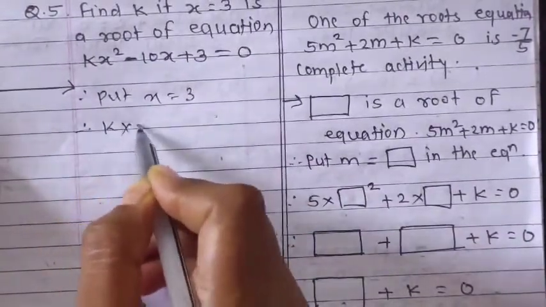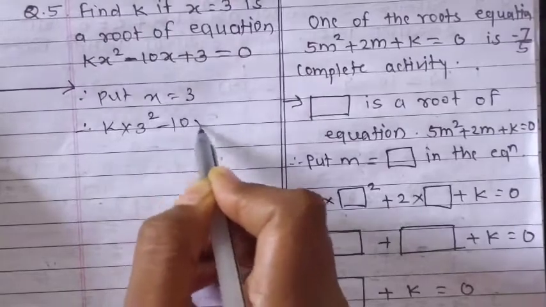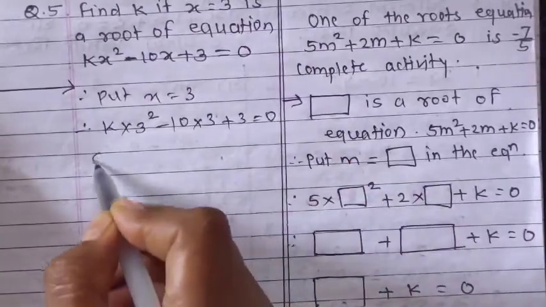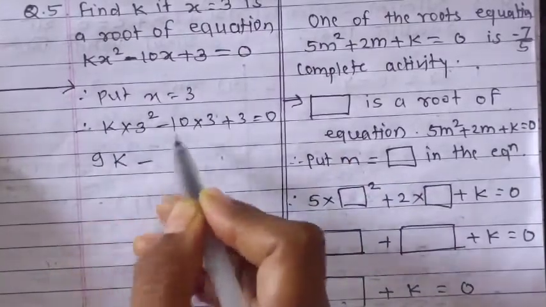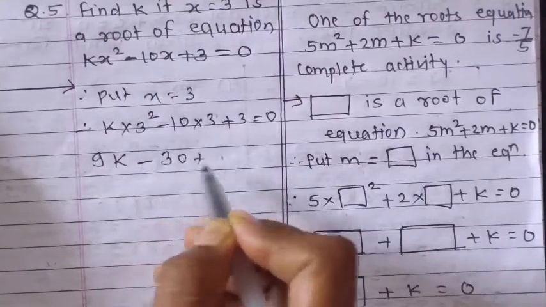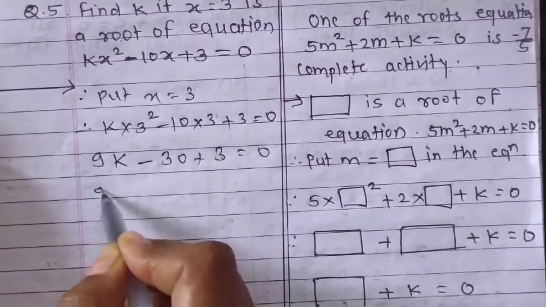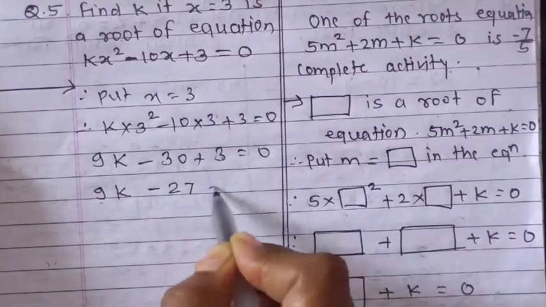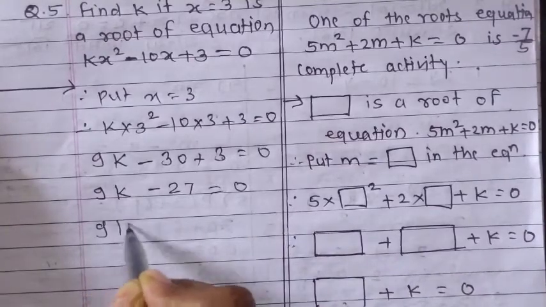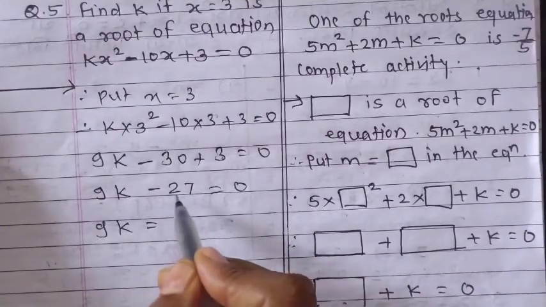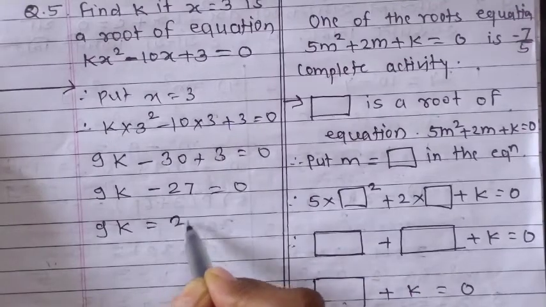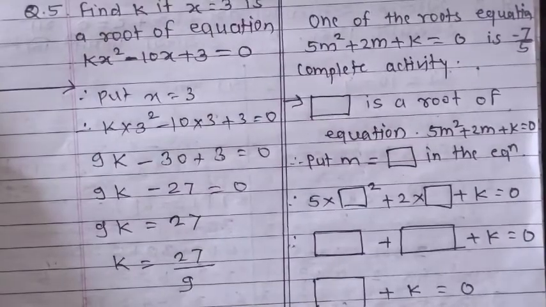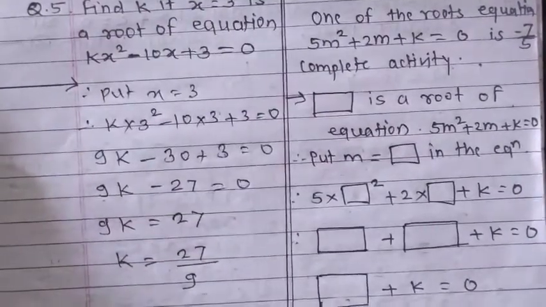Therefore k into 3 square minus 10 into 3 plus 3 equal to 0, that is 9k minus 30 plus 3, that is minus 27, equal to 0. Therefore 9k equal to 27, taking from the left side to the right side. Therefore k equal to 27 upon 9, and therefore k equal to 3.